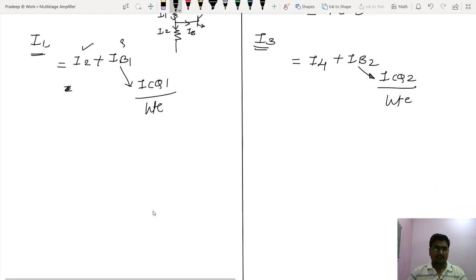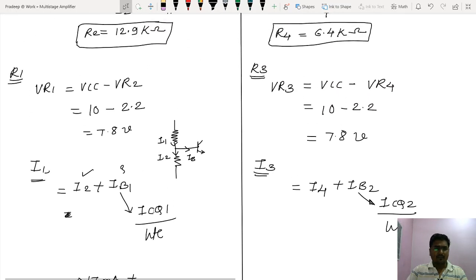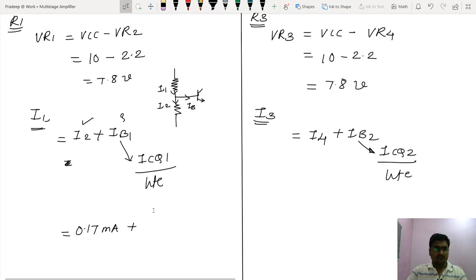Now see, calculate this value of I2. The value of I2 we have already calculated. It is 0.17 milliamperes, plus this ICQ. What is the value of ICQ1? I forgot the value of ICQ1.